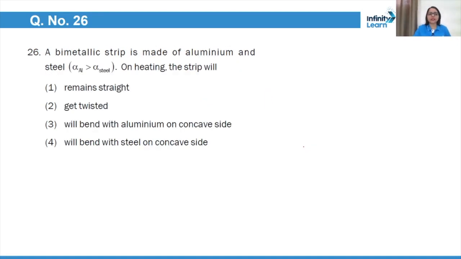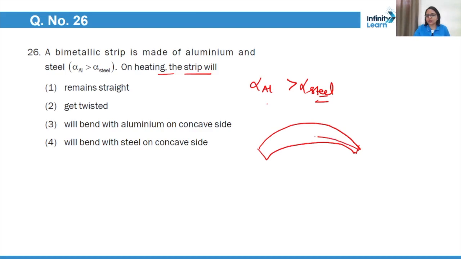Question number 26. A bimetallic strip is made of aluminum and steel, and alpha of aluminum is greater than alpha of steel. That means on heating, expansion of aluminum will be more as compared to steel. So what will happen to the strip? As you heat, you provide the same amount of heat to the strip. Aluminum will expand more and steel will expand less.